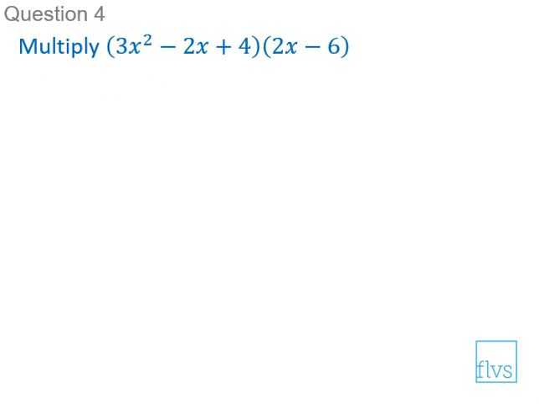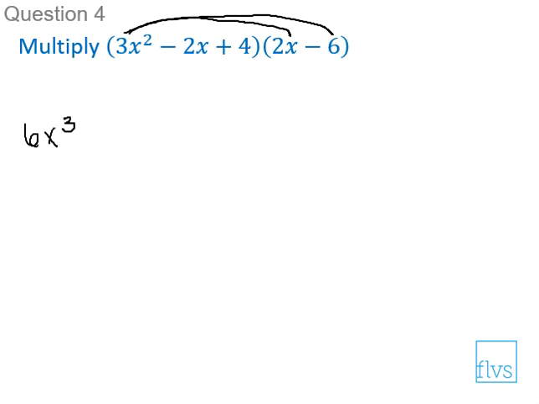All right. Now, this one's a little bit trickier because it's not a binomial times a binomial. So we're just going to distribute everything that's in this first parentheses into the second. We're going to start with the 3x squared, and we're going to multiply it by everything in that next term. So the 3x squared times 2x would be 6x to the 3rd.